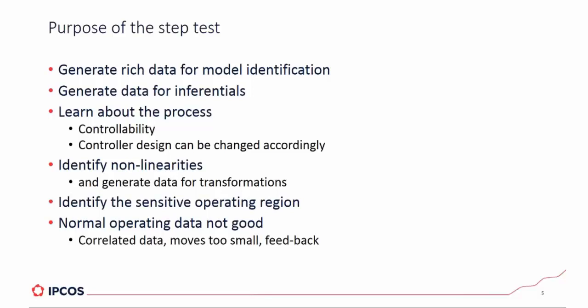And this would make the data very inconvenient to use for model identification. Very often the moves that the operator makes are way too small. We cannot really see from one step to the next the process responses that we want. And very often there is a lot of feedback in normal operating data, which is really detrimental for model identification.